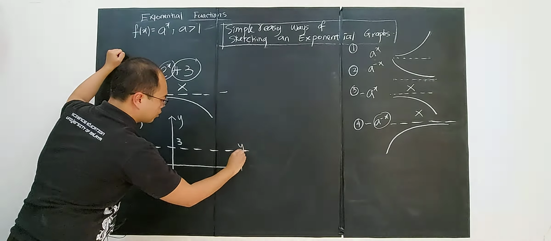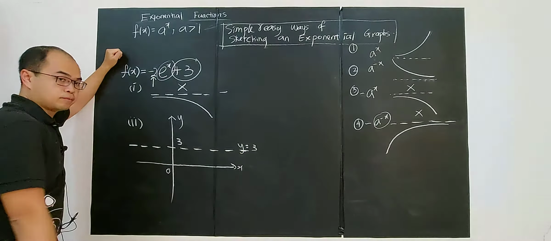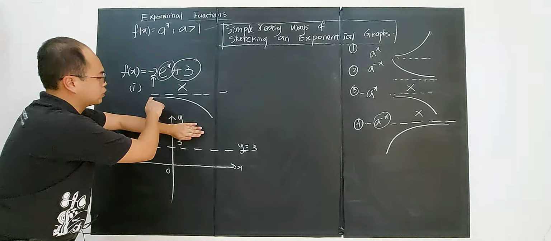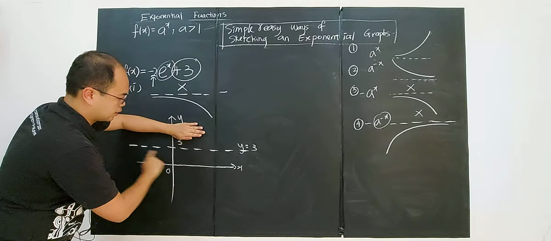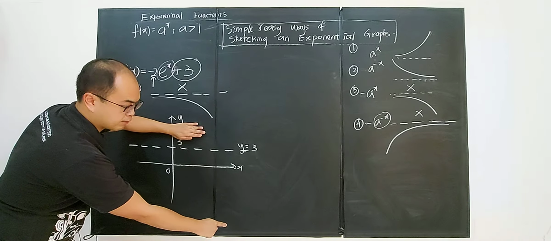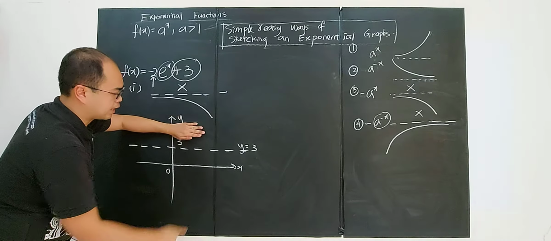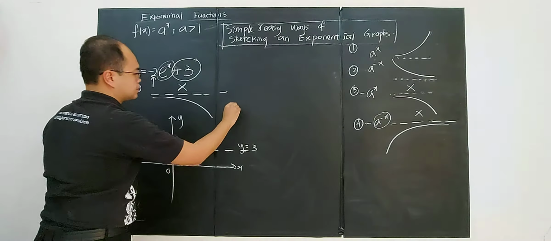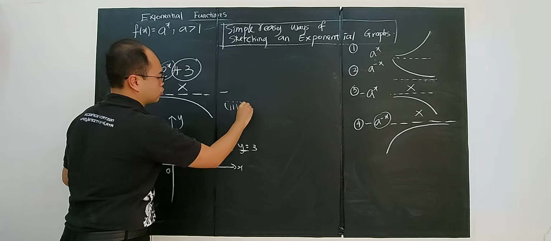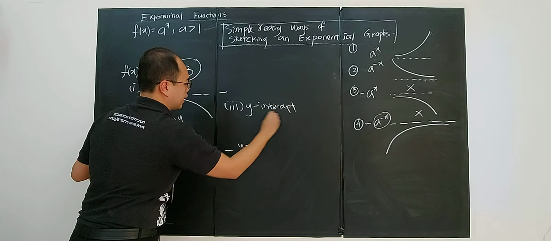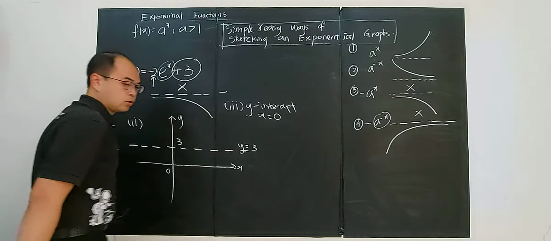This is your horizontal asymptote, and the graph will not be on top of y equals 3. So it will move this way, decreasing to the right. Of course, it will intercept the y-axis. So in the third step, you have to find the y-intercept to complete the graph. For the y-intercept, x will be equal to 0, right?